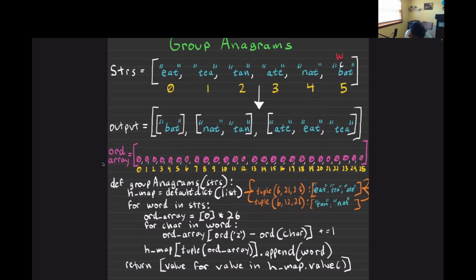All right, so 122 minus the ord of B, which is 98, gives us 24. So 24 now, that gets a 1. And I just realized this is A, B, C, D, E, all the way to Z. Okay, where was I?